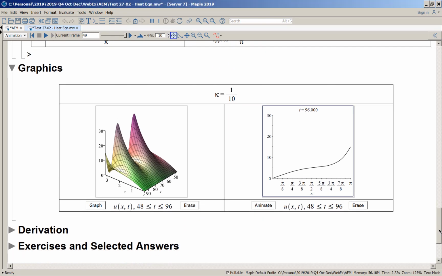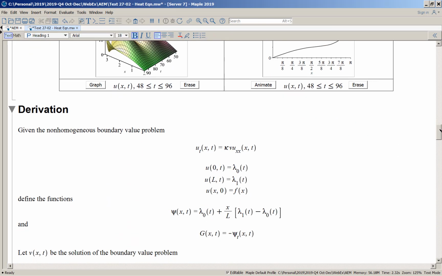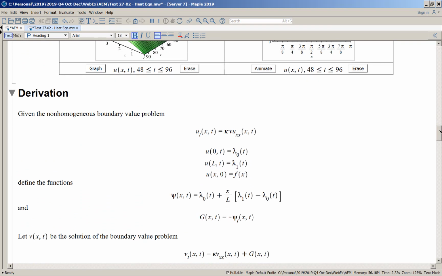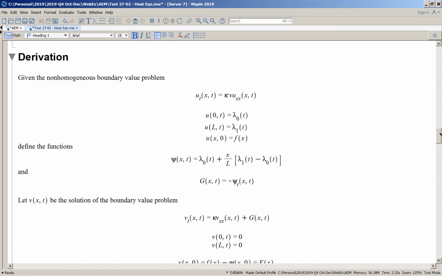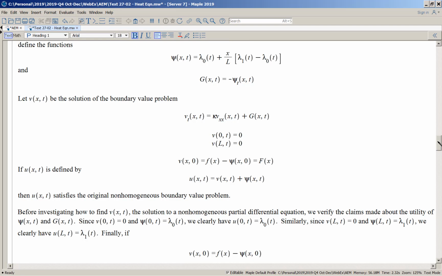And finally here, I'd like to point out that in the actual worksheet, the derivation of this process is contained just the way it would be in a textbook, but calculations are embedded in the worksheet. So any place where there's a need for calculations, they take place.